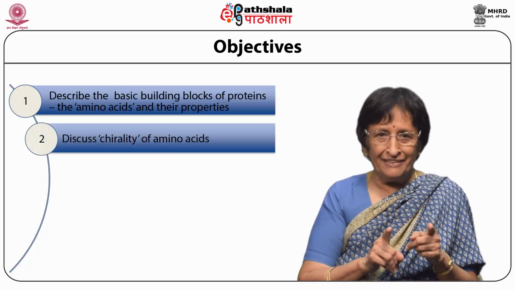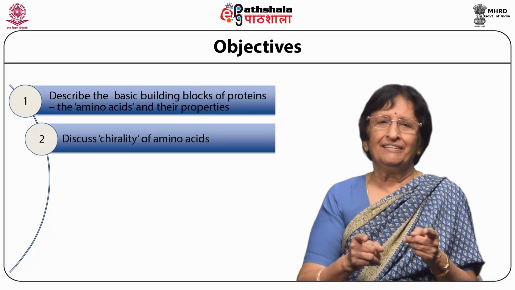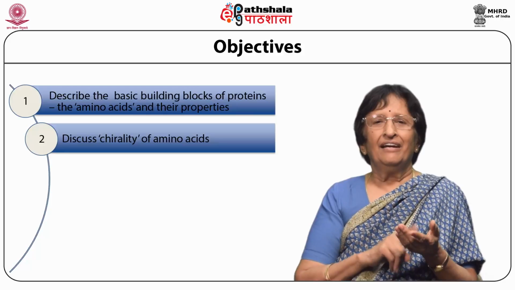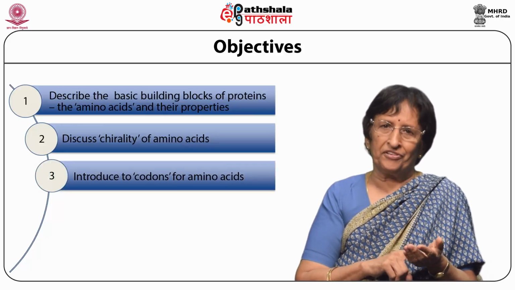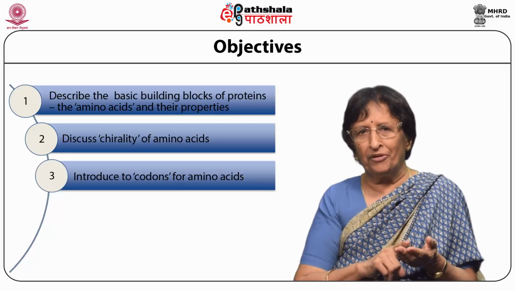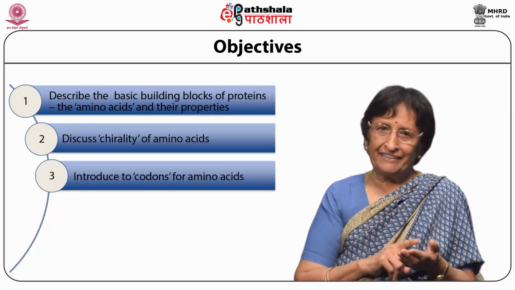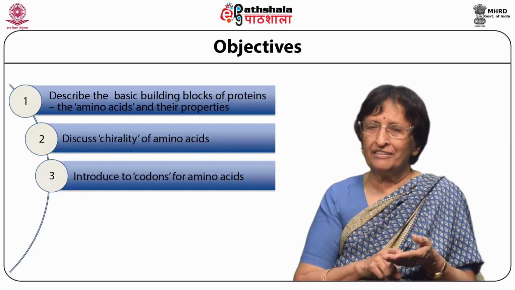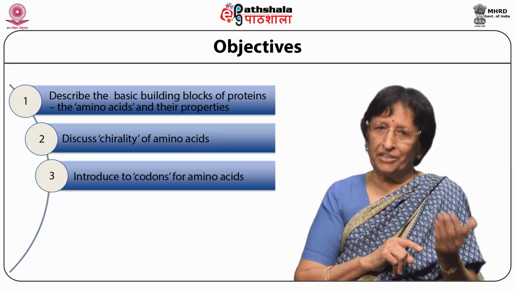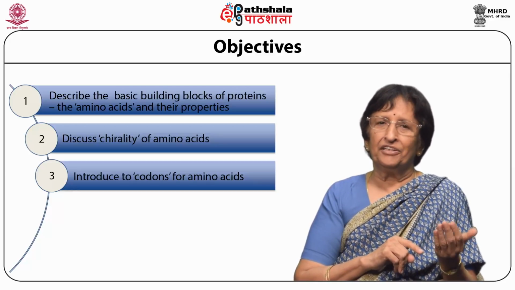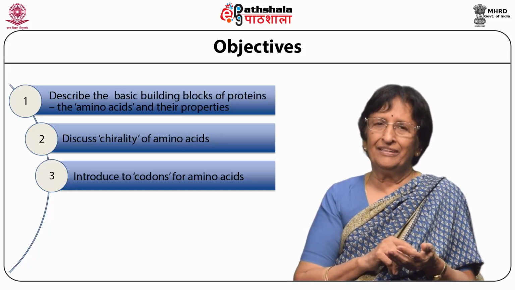I want to discuss next the chirality of the amino acids. Third, I wish to introduce you to the concept of codons for different amino acids. You know, codons connect our proteins to our genes through the sequence of nucleotides controlling the sequence of amino acids, which are called codons.